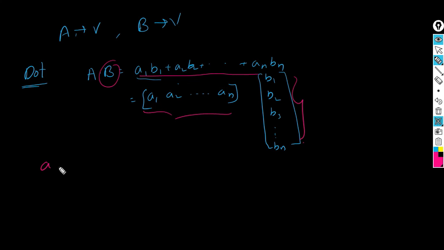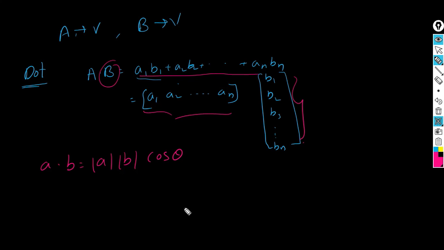The basic formula is A dot B equals modulus of A, modulus of B, and cos theta.